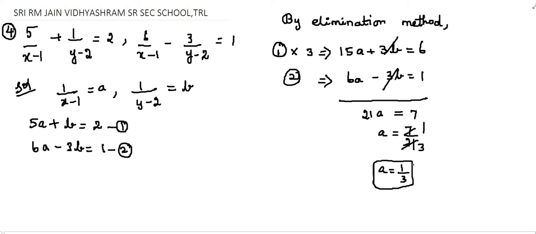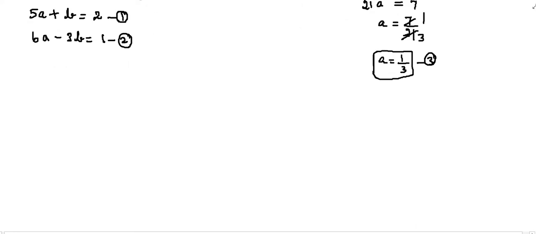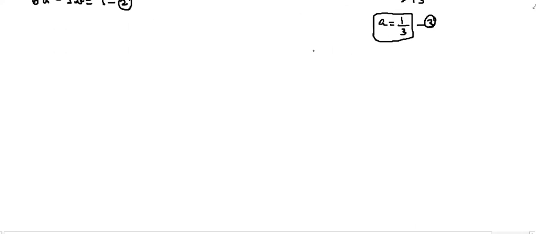I am going to take this as the third equation. I am going to substitute this in any one of the equations. Substitute a is equal to 1 by 3, that is the third equation, in any one of the equations. I am going to take the first equation. What is the first equation I have? 5a plus b is equal to 2.